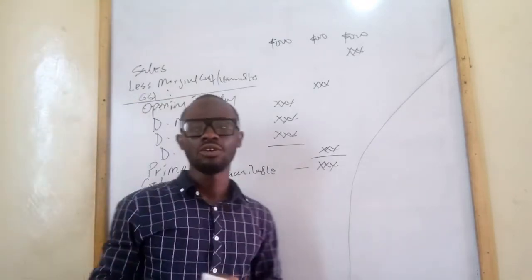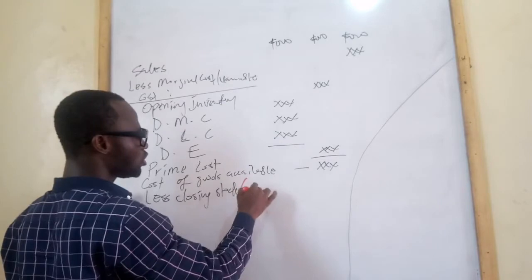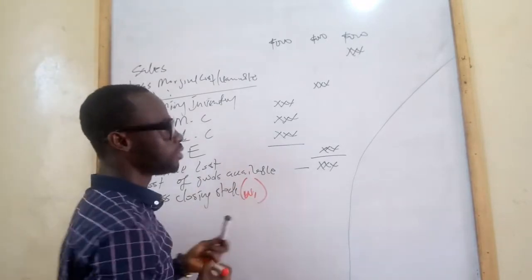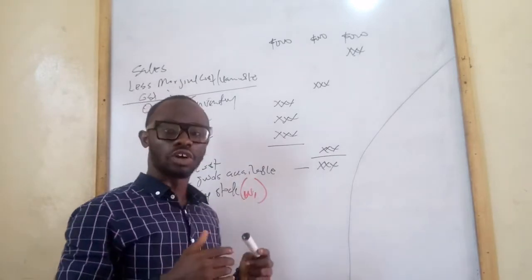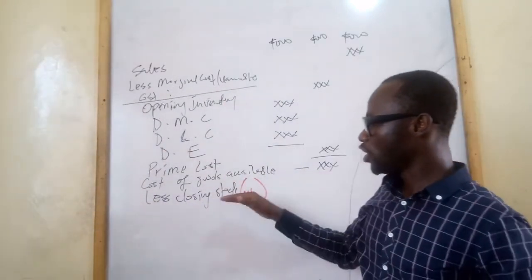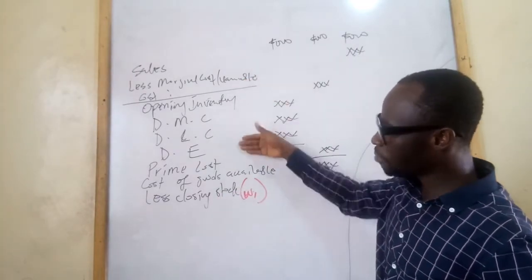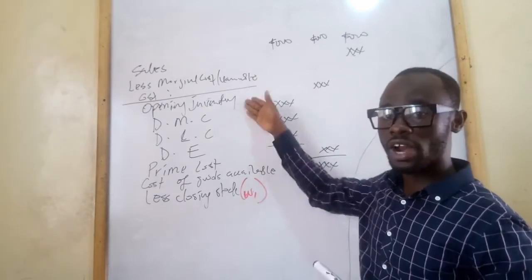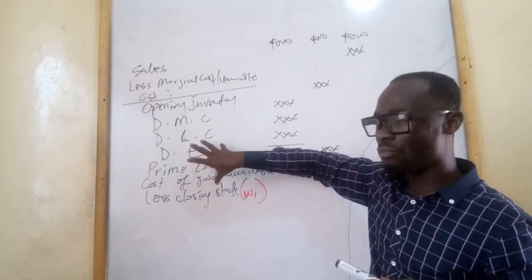How do we value closing stock? When we are preparing the profit statement, workings must be done for the closing stock. How do we value closing stock? In the preparation of the profit statement using marginal costing, you value closing stock taking into consideration the marginal cost or the total variable cost. You realize that there is no fixed factory overhead that we are bringing here.